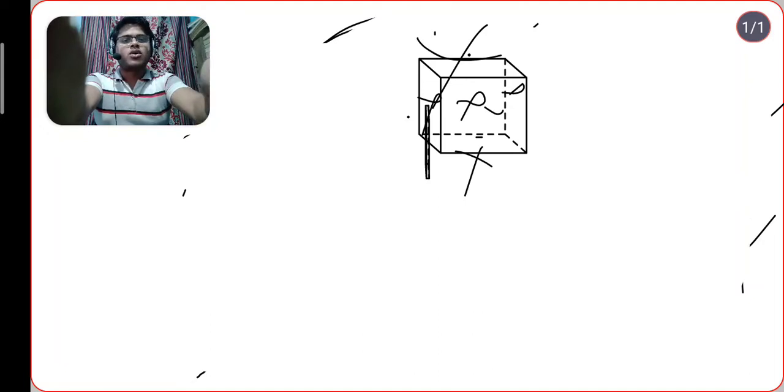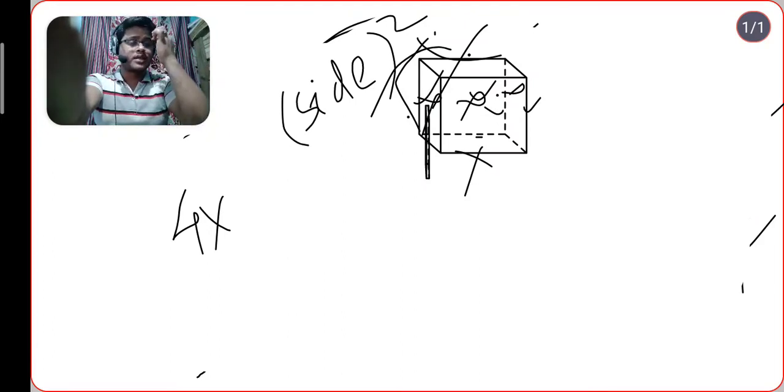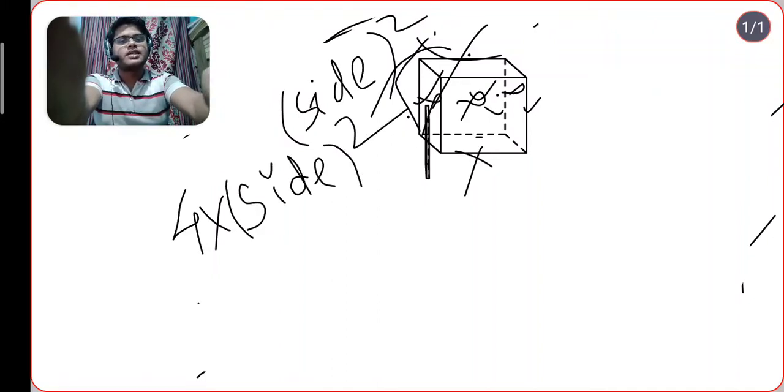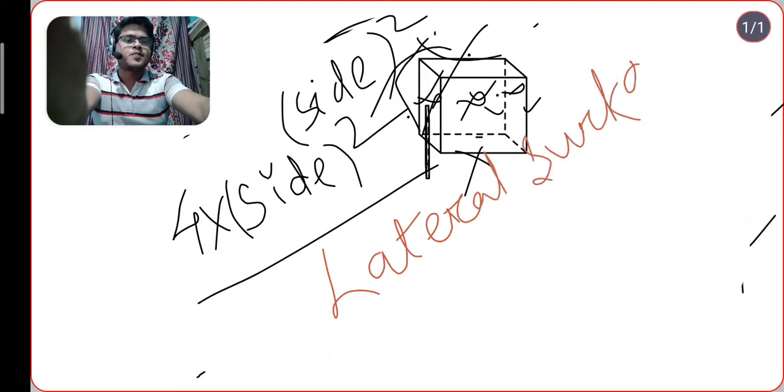As all the areas are equal, what is the area of the surface? That is side into side, or side square. Just like that, for the four distinct sidewise areas we have to take the sum. Instead of making the addition, we multiply 4 with this side square. So this one is the lateral surface area.